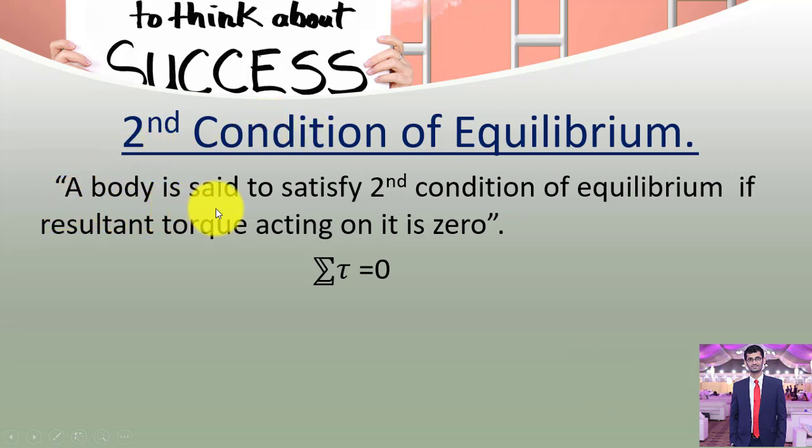A body is said to satisfy the second condition of equilibrium if the resultant torque acting on it is 0. That is, sigma tau is equal to 0. So dear students, this is the second condition of equilibrium. If an object is to be in a state of equilibrium, it must satisfy these two conditions.